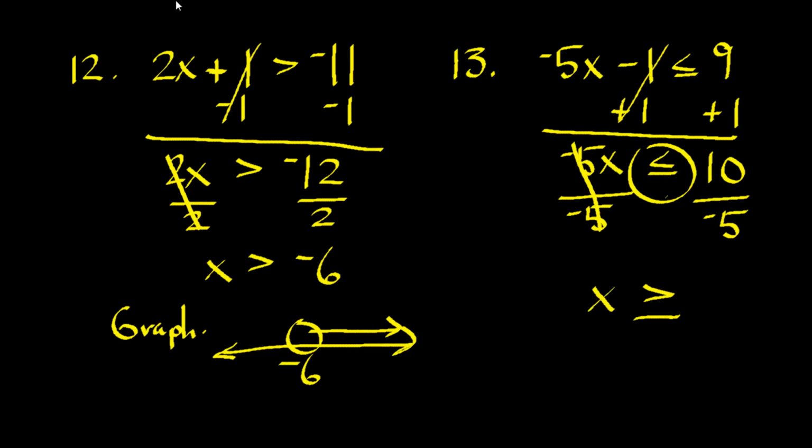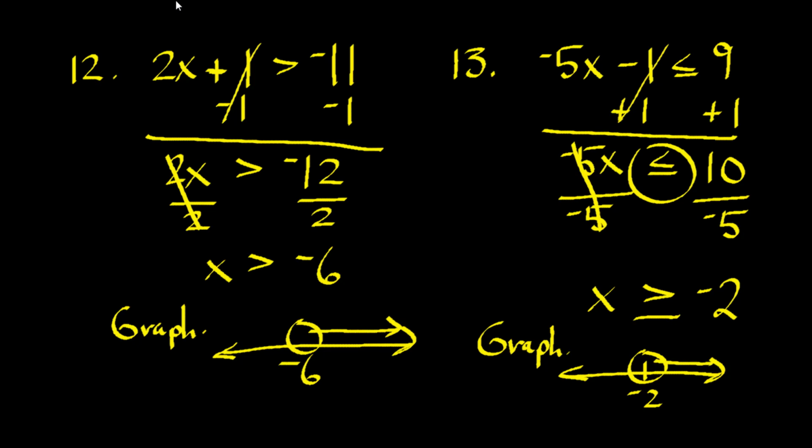This reverses from less than or equal to greater than or equal to, and 10 divided by -5 is -2. So the final answer is x is greater than or equal to -2. If they asked us to graph this, every value greater than or equal to -2 would be to the right, so the shading would be to the right, and we would also need to bubble in the -2 value.